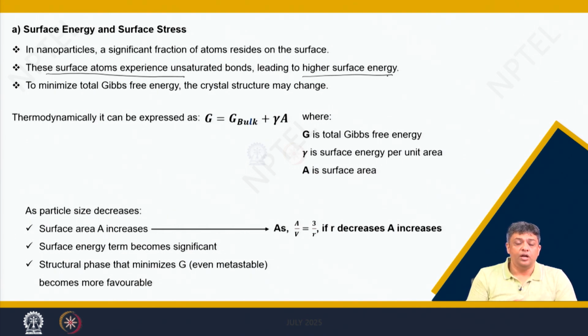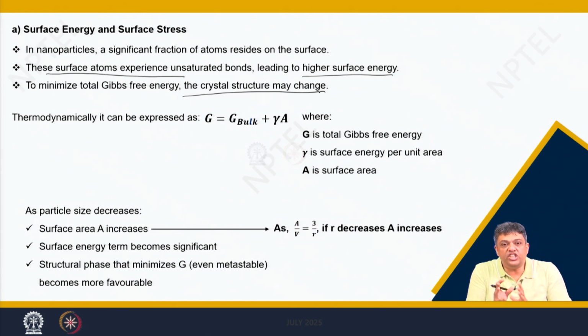Please remember, a system will only be stable once I minimize its energy. So, to minimize the Gibbs free energy, the structure has to readjust. It may not change totally to a new crystal structure, but it has to rearrange to start with.